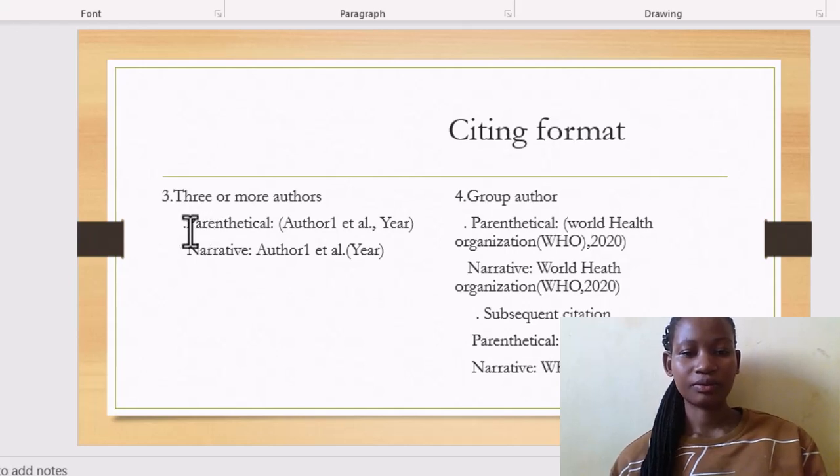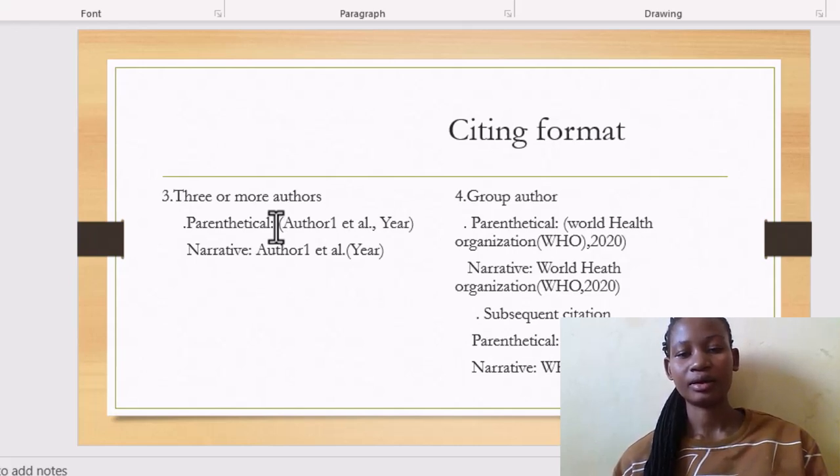So for three or more authors we shall talk about the parenthetic, whereby we shall put both the year and the author and the other authors, all of them in the bracket.